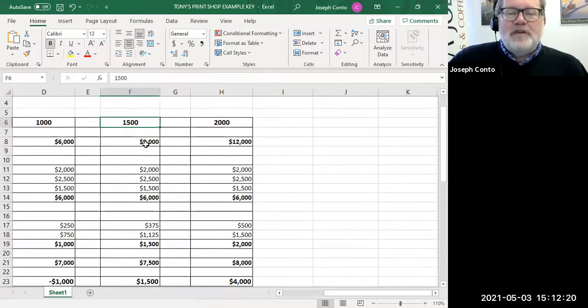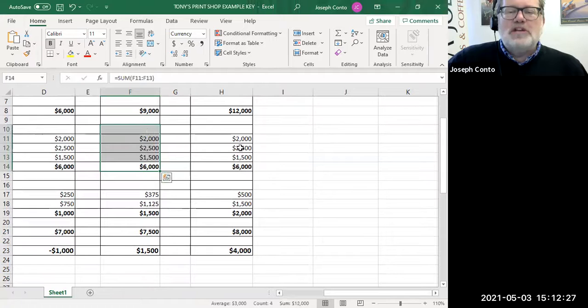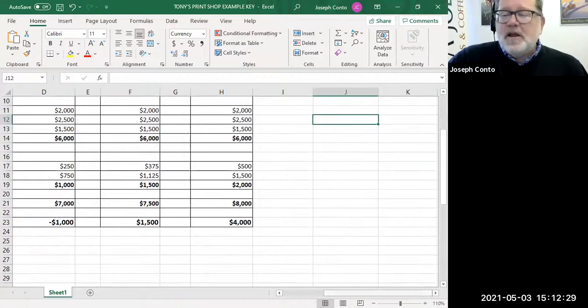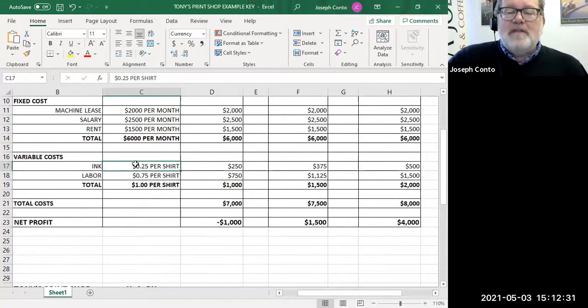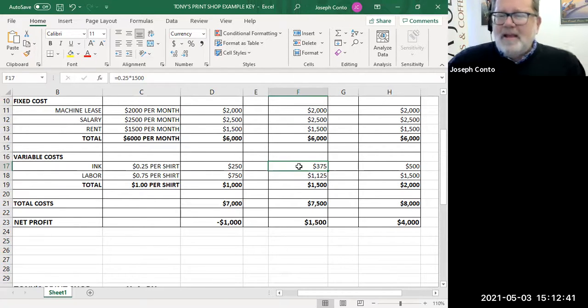We know at 1,500 shirts, that'll give me $9,000 in revenue. It's $6 a shirt times 1,500 now. My fixed costs don't change one bit because fixed costs don't change. But remember, it costs me 25 cents per shirt, so my variable costs are going to go up. When my volume goes up, I assume that my variable costs are going to go up along with it, not my fixed cost.